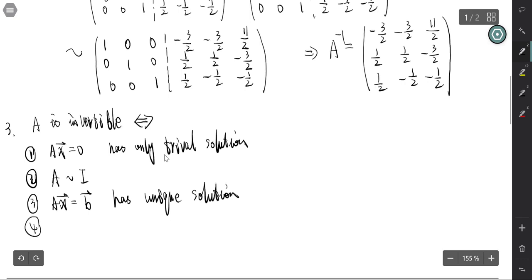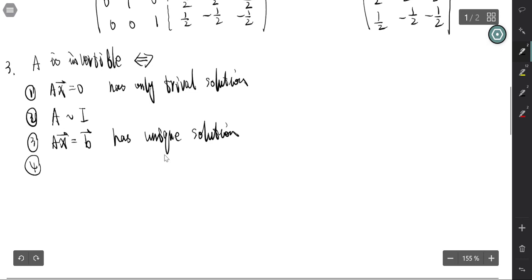The fourth condition, all those conditions are equivalent. The determinant of A does not equal 0. The fifth, that is the rank. Rank A is n, and we always use this one and this one.